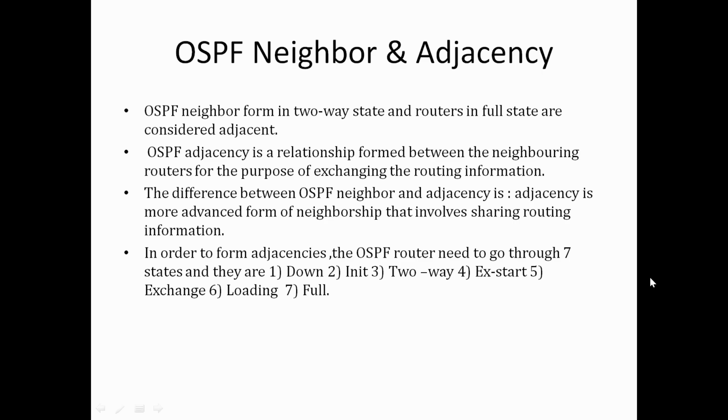The difference between OSPF neighbor and adjacency is that adjacency is a more advanced form of neighborship that involves sharing routing information. In order to form adjacencies, the OSPF routers need to go through 7 states, and they are down, init, two-way, exstart, exchange, loading, and full.